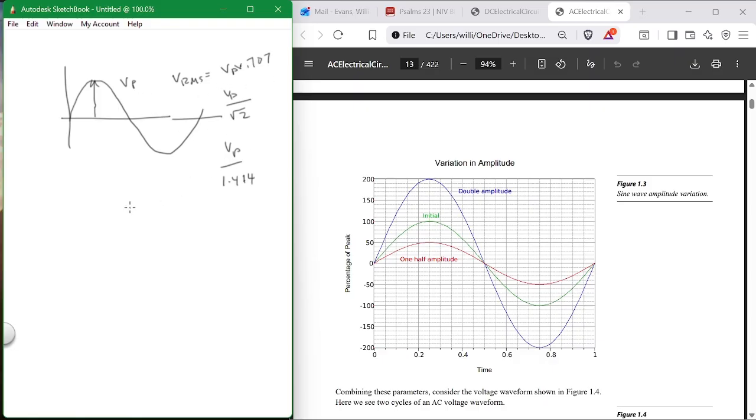Why do we talk about VRMS? VRMS works like DC. Okay? So if I want to do power, I do V times I. The same kind of things work with VRMS as do with DC.